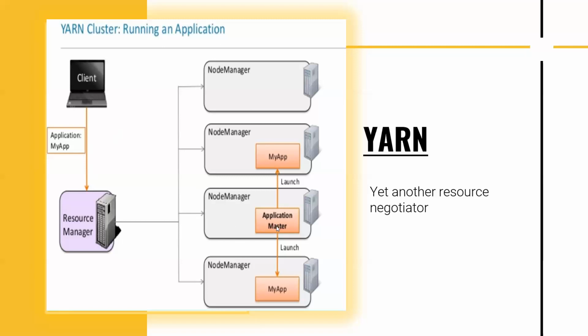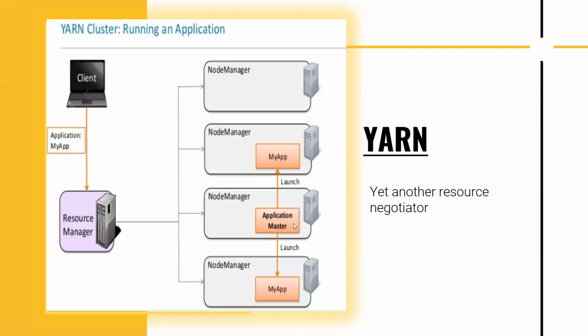And once the request is approved, this application master will launch the containers on the different nodes where it is required. It will launch the containers on this node manager, and on the other node manager. Now, how does the application master know that it should launch on this node manager and this node manager, and not this node manager?